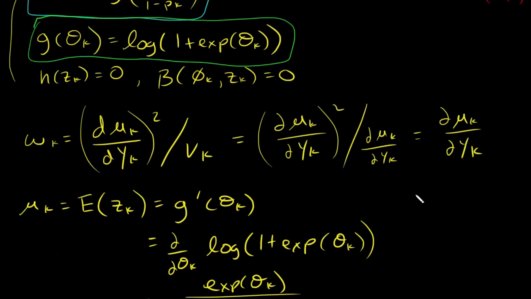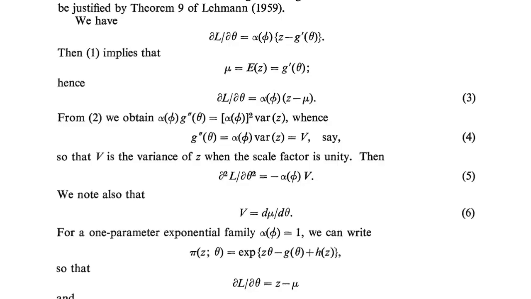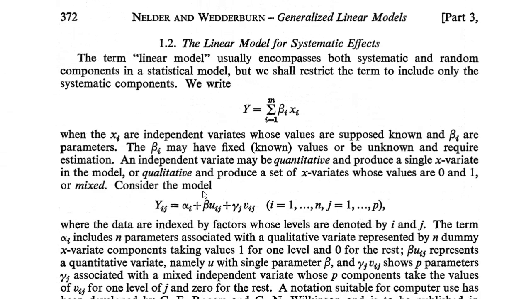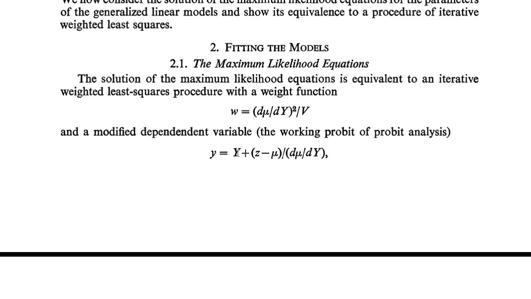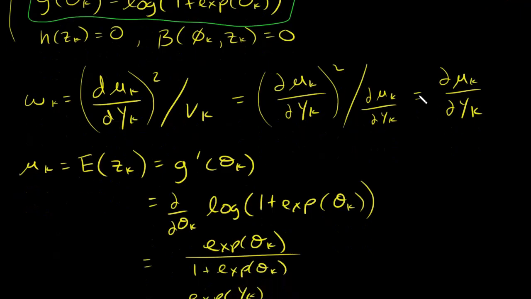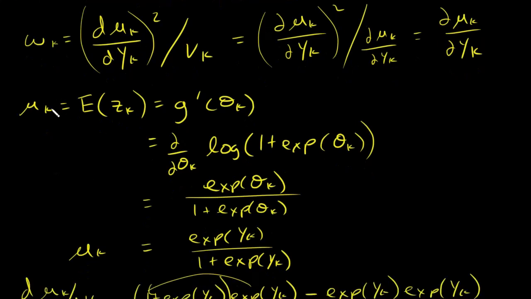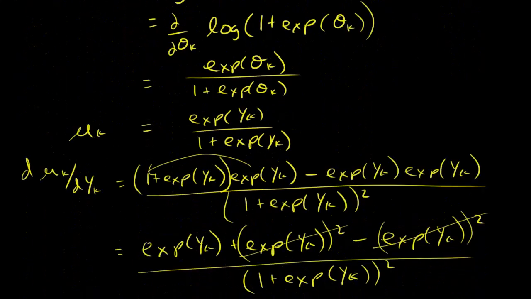Okay? So then, if I go back to my paper, so we have y, z minus mu. We've already identified what mu is, and we've already identified what d mu d y is. So now I have all the parts I need, right? Basically what I needed was just what's mu, this is what's most important here.